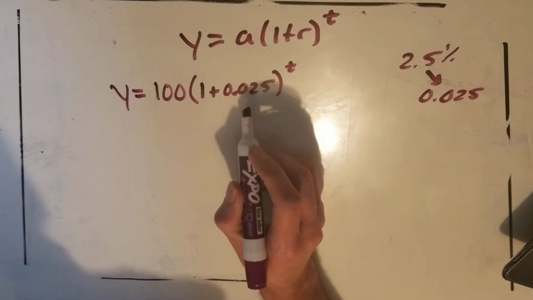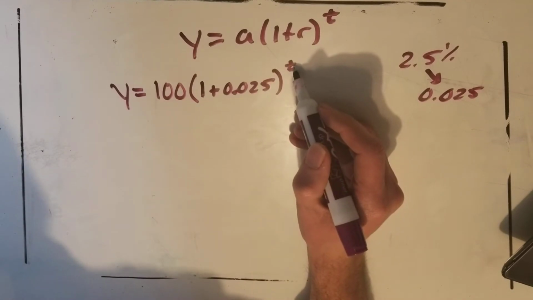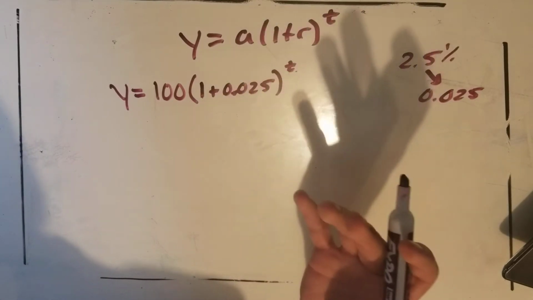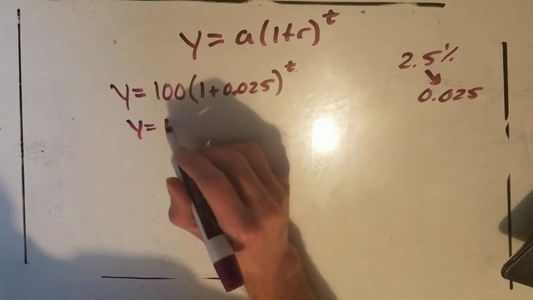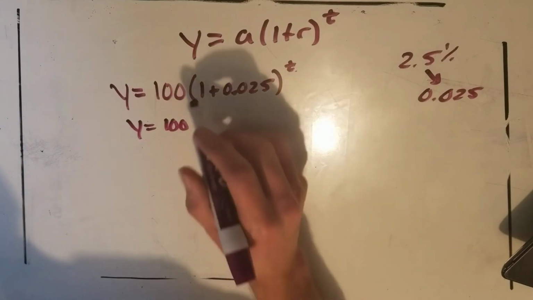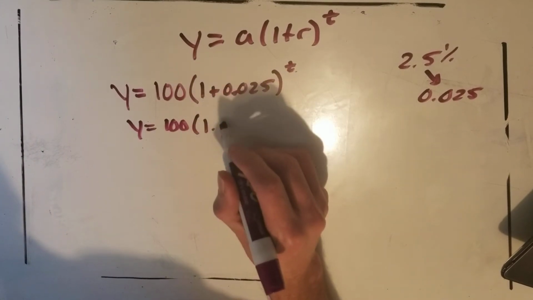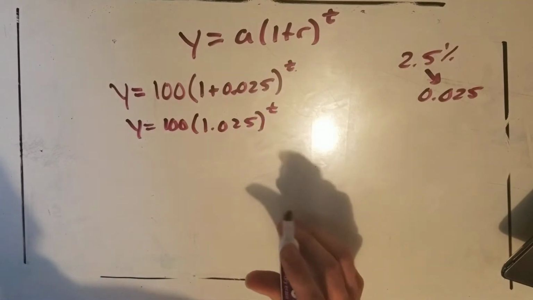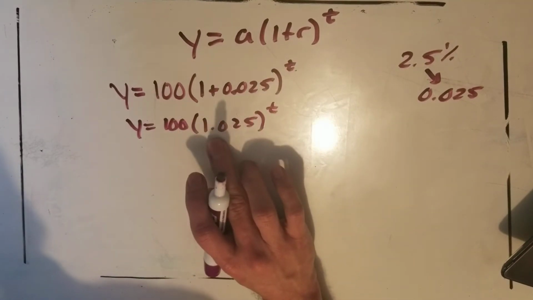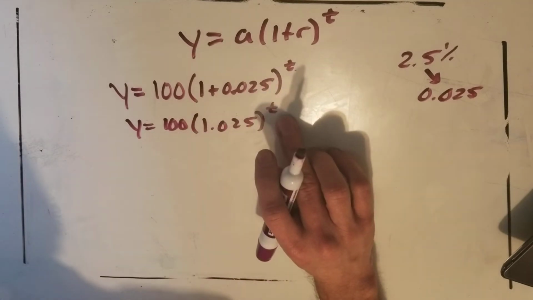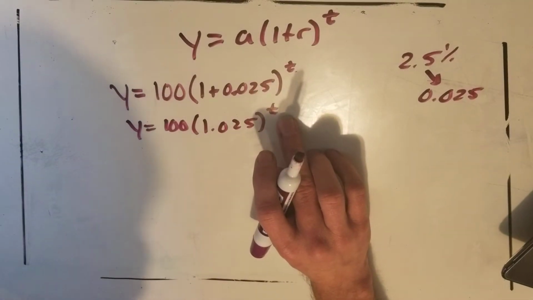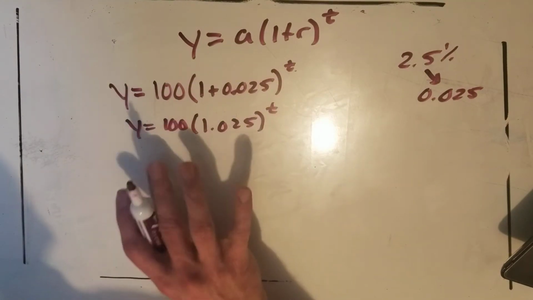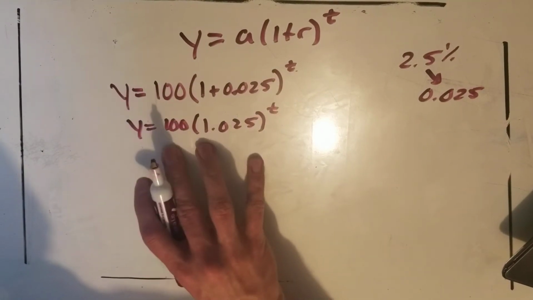And so like after 1 day, that would mean you have only increased by this 1 time. And we'll see how that changes after more than 1 day. But let's simplify first. 100 times 1.025 to the t. So you're going to keep multiplying by this over and over after t days. So this right here is our final equation that we can use to represent the situation.